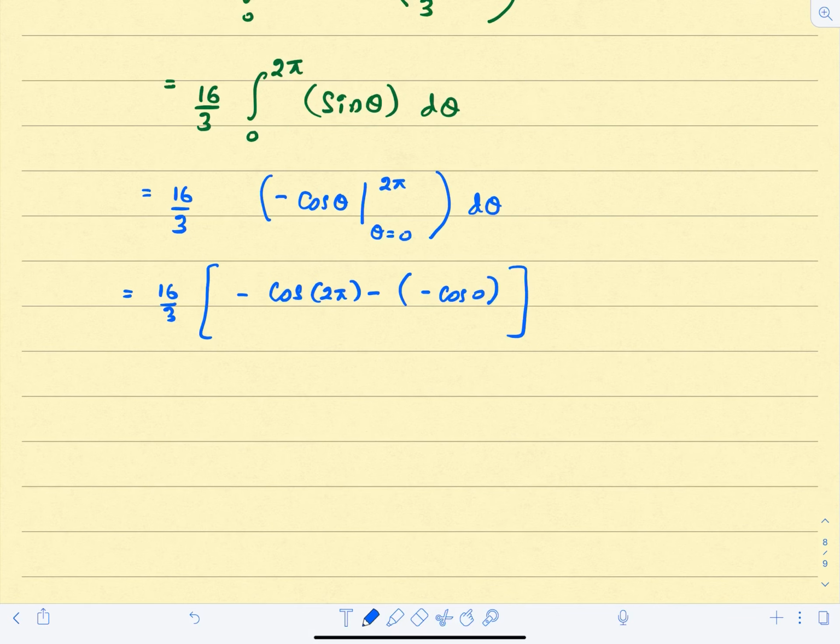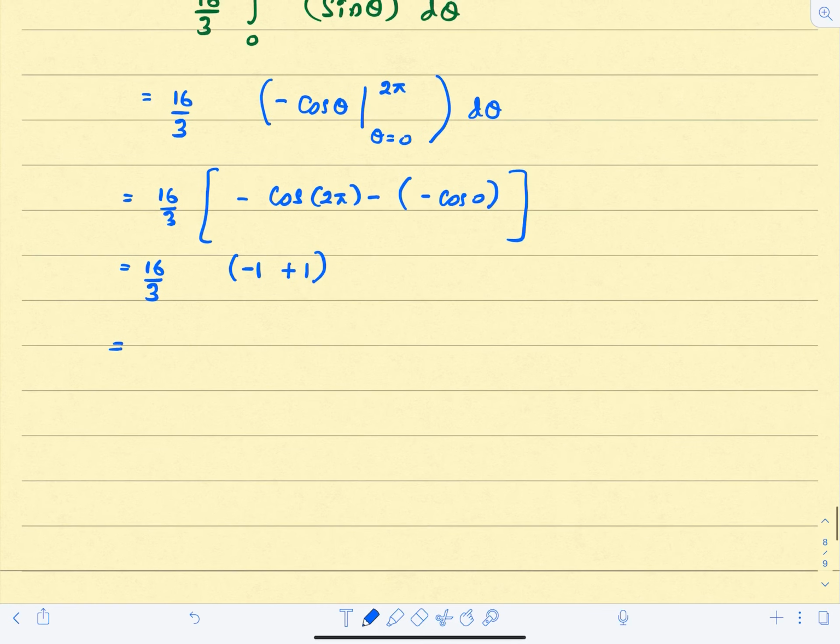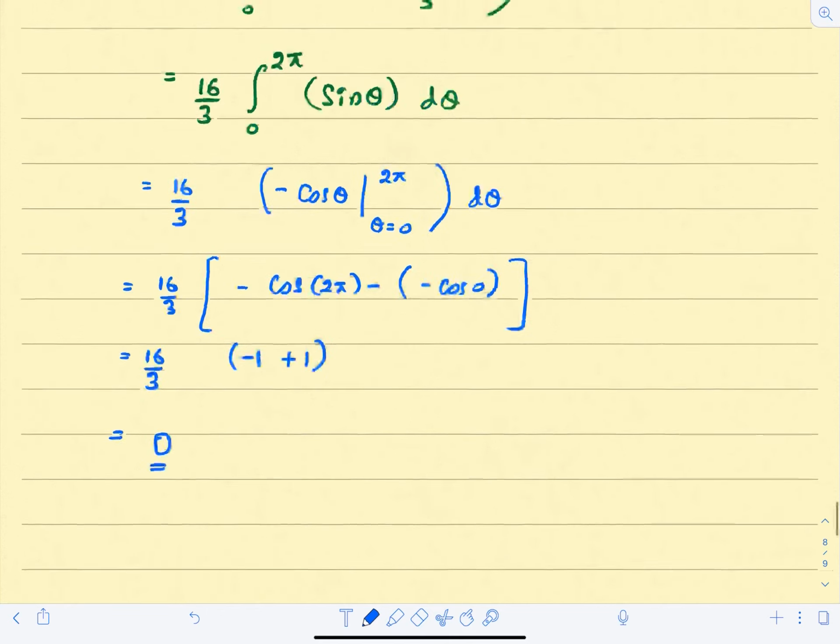Cosine 2 pi is 1, so we have negative 1, minus times that minus becomes positive, and cosine 0 is 1. Now as you can see, this surface integral becomes 0.